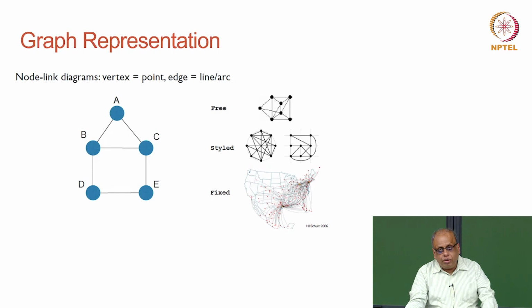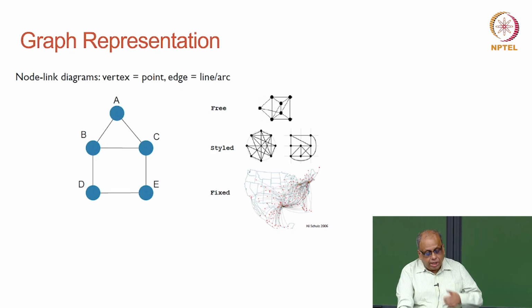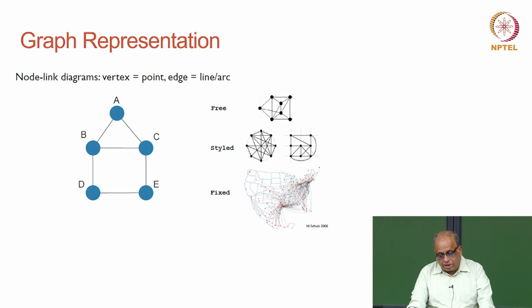So how do you visualize the nodes and the links? That is the first simple task that we have. Of course, we can have the nodes represented as squares or circles and links represented by lines, and then create a visualization of that. This is the most common way of representing a graph, and you can have a free visualization, or you can have it styled, for example by putting it in a grid.